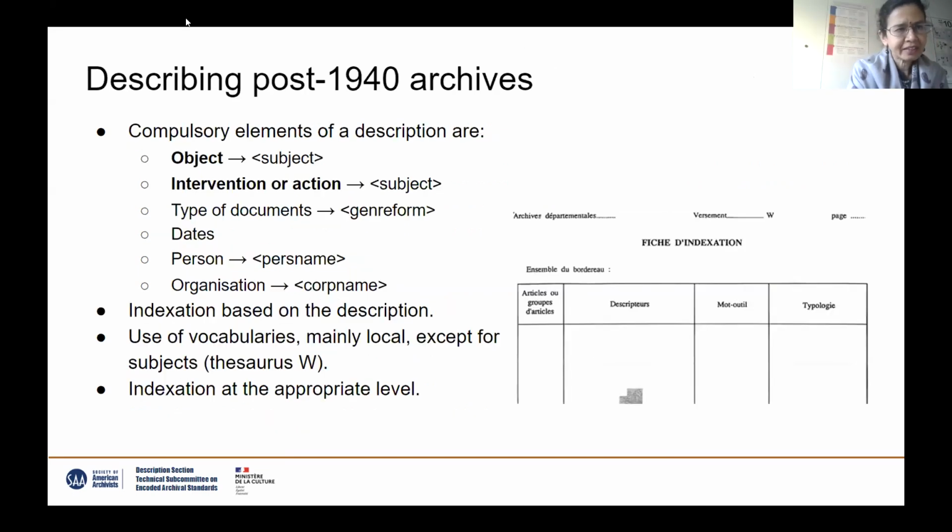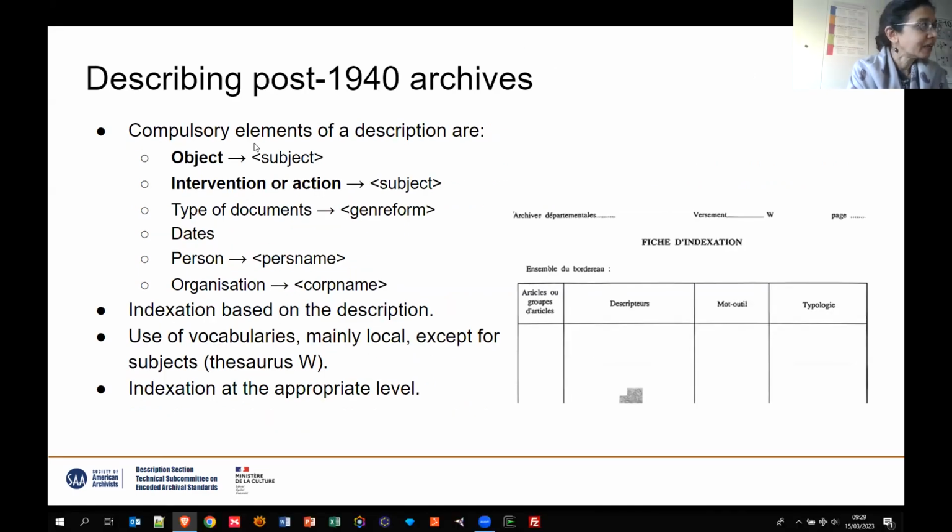Thank you. And in the Archives départementales, indexing of archives became compulsory in 1979, when a unique series called W was created and the classification frameworks were dropped. This new series was for post-1940 archives. To cope with the mass of archives, a structured form of description, a simple form, was defined in which indexing plays an important role.